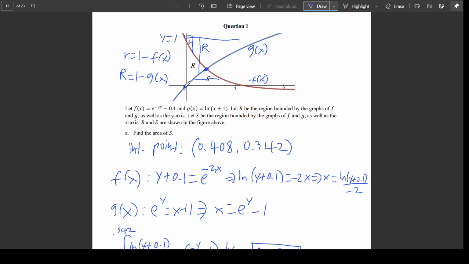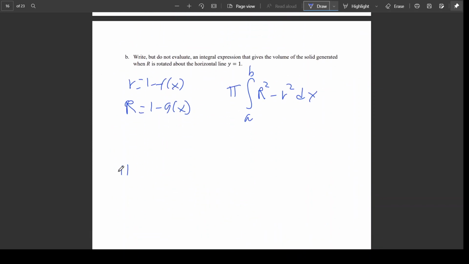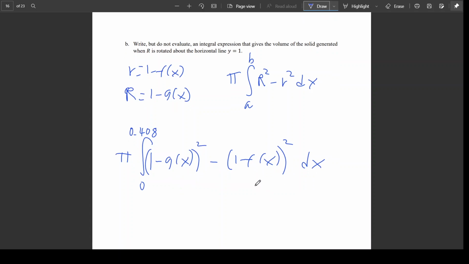I'm starting right here at x equals 0, and I'm ending right here at x equals 0.408. So it's going to be pi times the integral from 0 to 0.408 of (1 minus g of x) squared minus (1 minus f of x) squared dx. Now the final thing is substituting g of x and f of x in.